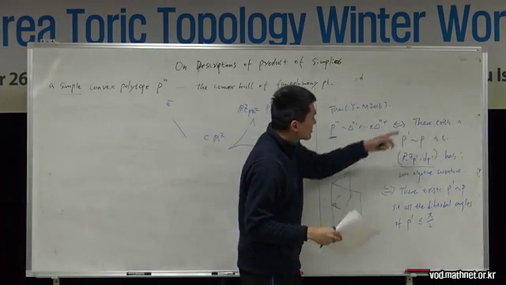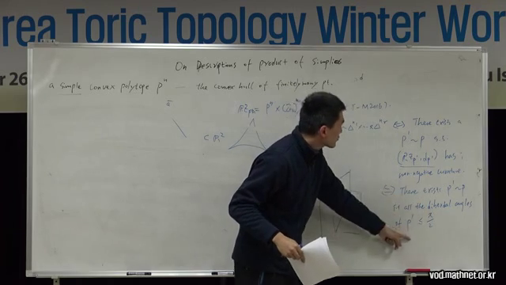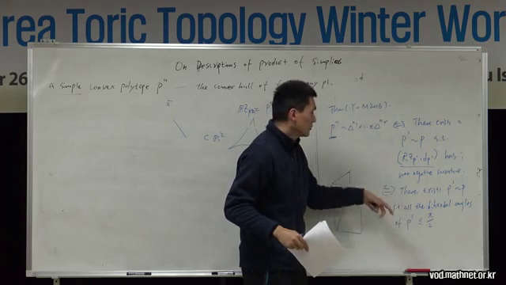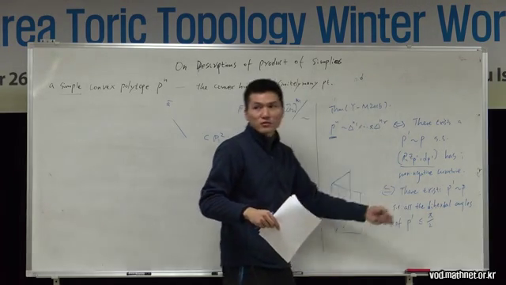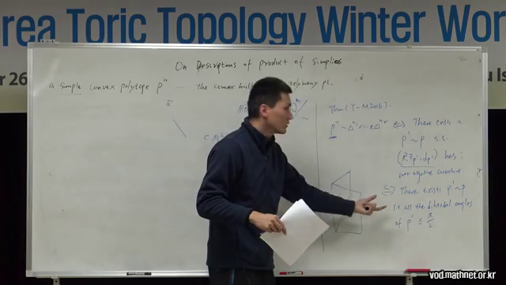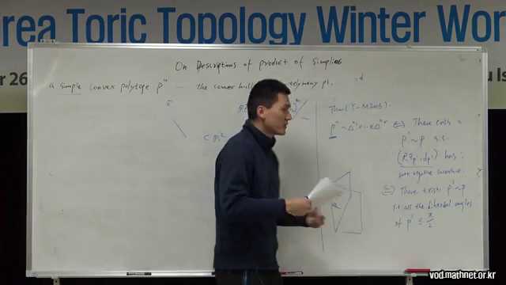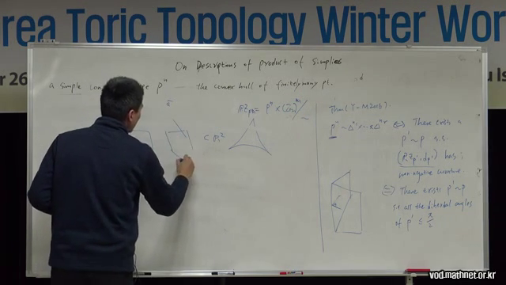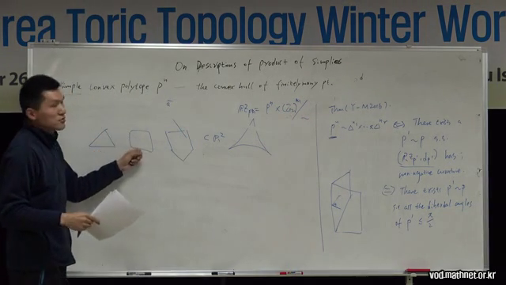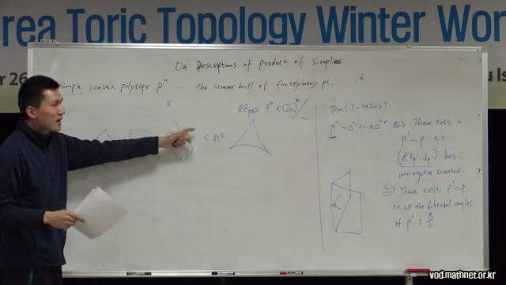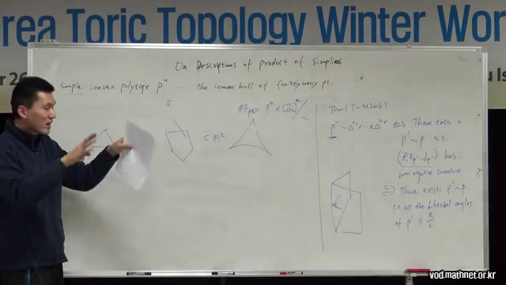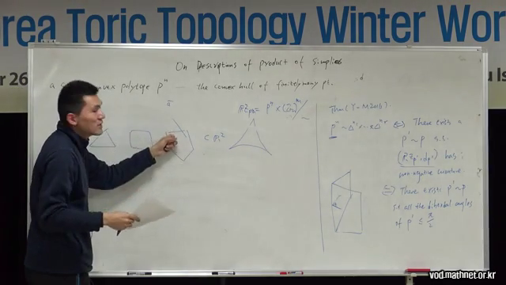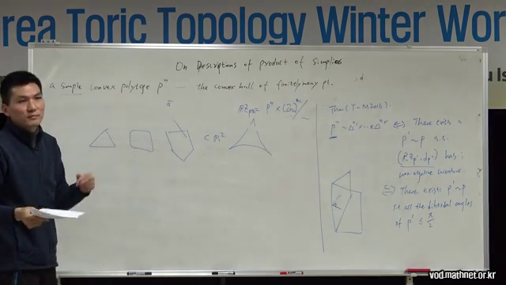Actually the proof is like this. This condition implies this, and this one will imply that every facet inherits this property, and eventually if all the two-dimensional faces have this property, it means the polygon must be a triangle or a square. For any other Euclidean polygon, some interior angle must be greater than pi over 2.